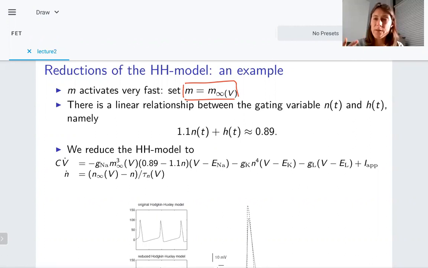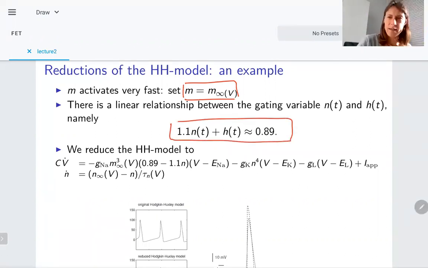And another important feature is that if we look at the evolution of the variables n and h, which are the other 2 gating variables in the model, there is a linear relationship between these 2, which is approximately given by this expression here. So what does it mean? That if we know the value of n, we can obtain the value of h basically using this linear relationship.